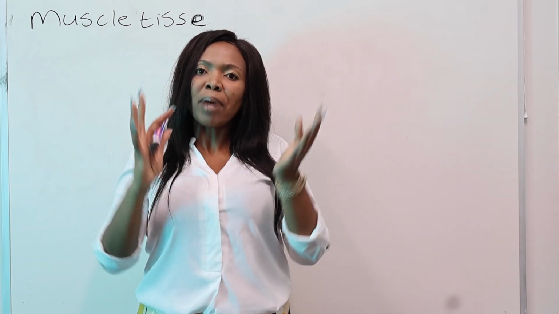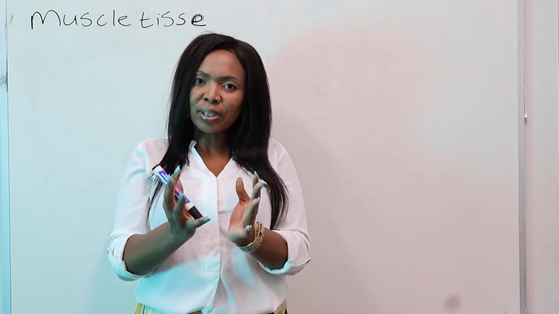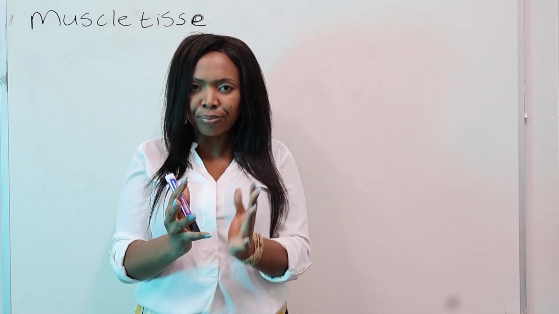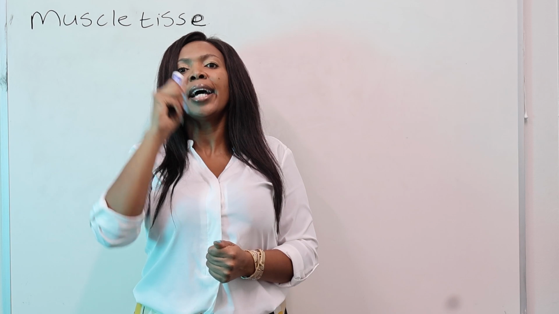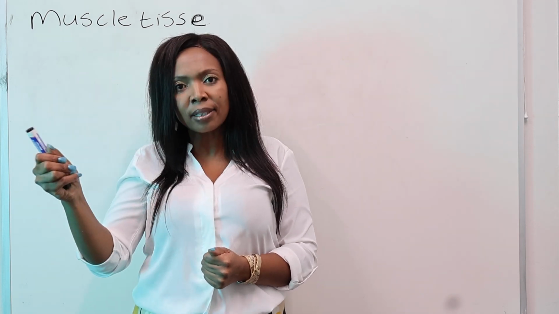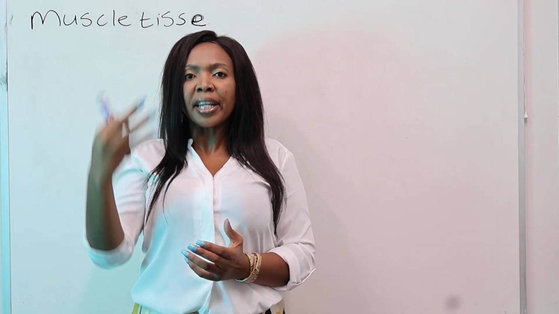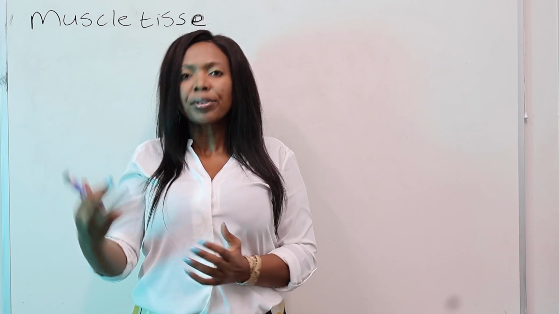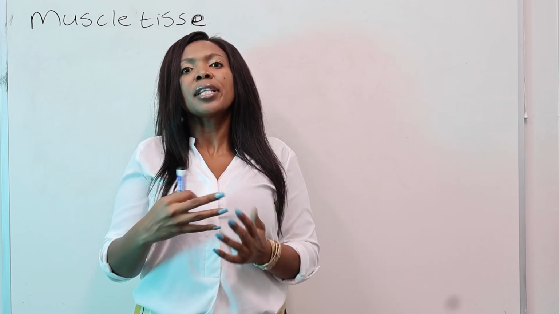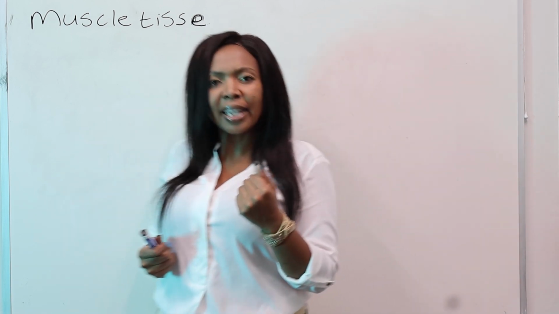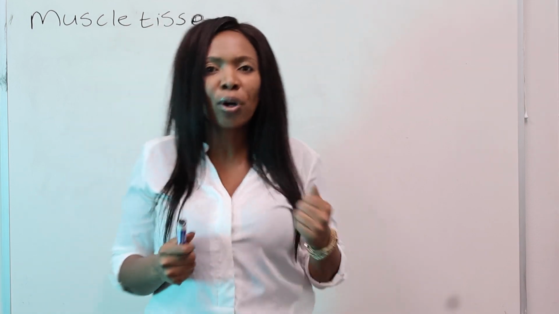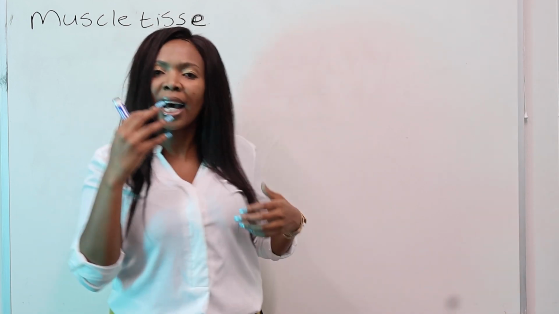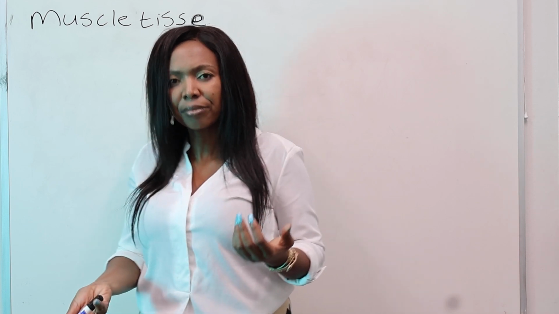So the muscle that surrounds the skeleton is called the skeletal muscle. It's the voluntary muscle that assists with the movement. I can decide to walk because of the skeletal muscle.